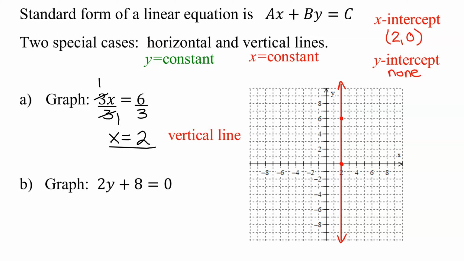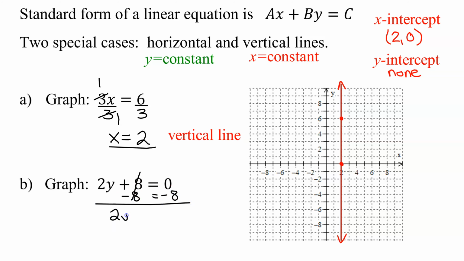Now let's move on and look at our next equation. 2y plus 8 equals 0. Again, there's only one variable. It's the y variable. Therefore, it's going to be a horizontal line since y will equal a constant. Let's get it into the correct format by subtracting 8 from both sides.